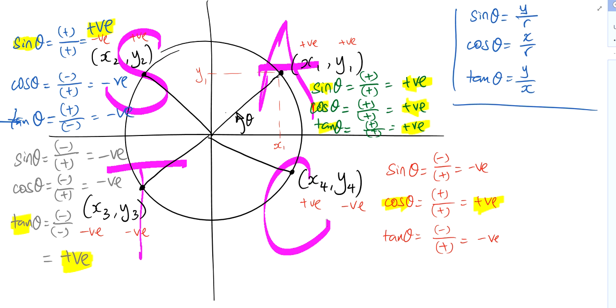Adventure survival. Okay, yeah, you can. We will start from the first quadrant: A, then followed by S, T, and C. So yeah, ASTC students, I didn't think of that, but you're right, Adventure Survival Training Camp. For the majority of us, we can remember it like this: All Science Teachers are Cool.